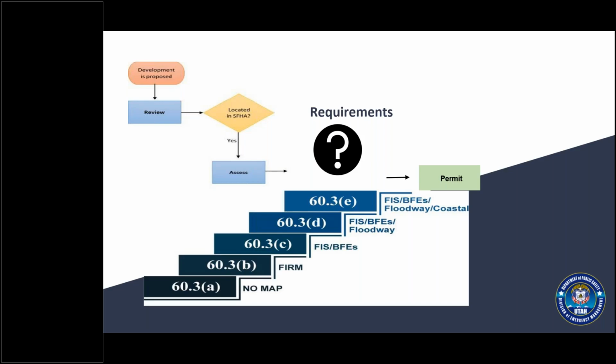So I just want to stop right here and see if anybody, by the raise of hands, there's a little hand button there, if you have any questions before we move on. This could be a little confusing, and this is where we really are going to have you moving your ordinances to the right level to match your maps.